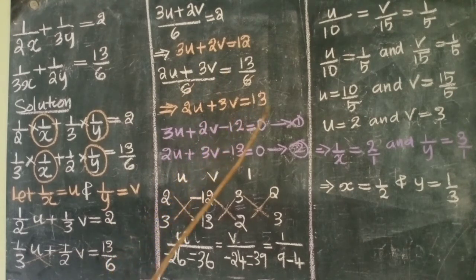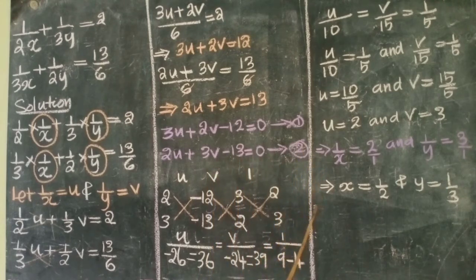Now we are going to solve it. For solving a pair of linear equations, you have studied three methods: substitution method, elimination method and cross multiplication method. Here I am going to use the cross multiplication method, but you can use any method.